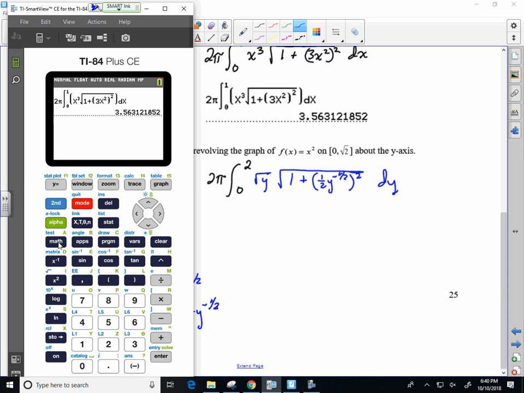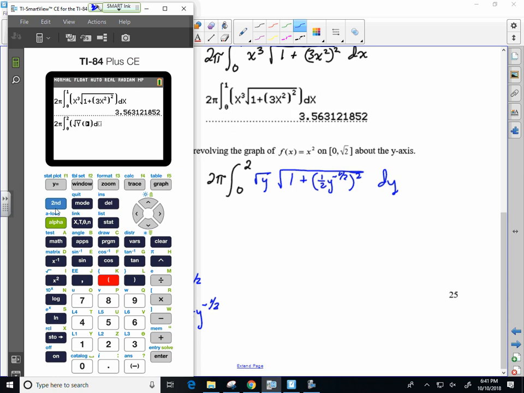Math 9. Forgot the 2 pi again. Back arrow. Insert 2 pi. Easier to just hit clear. 0 to 2. I'll put it in with the y's. Root of y alpha 1. The right arrow, parentheses. Oh, actually, it's another root.